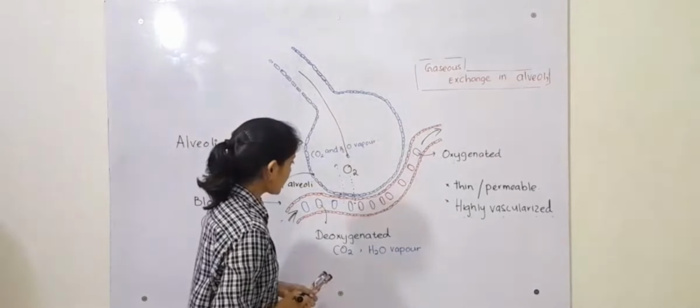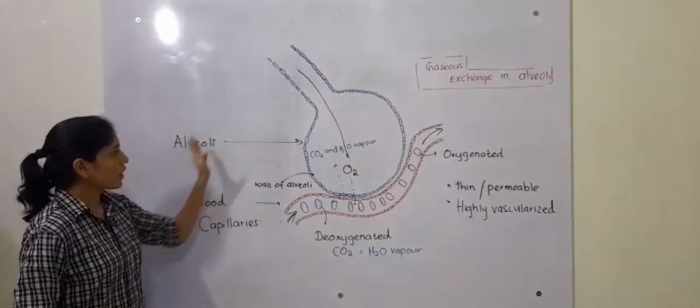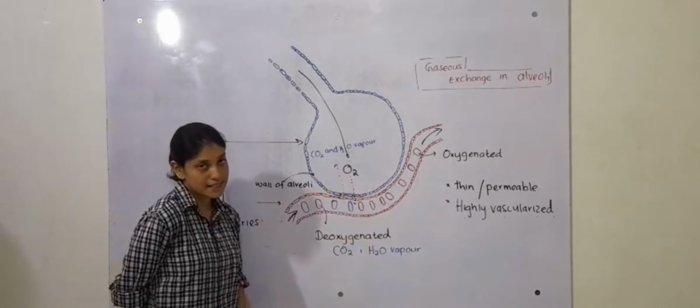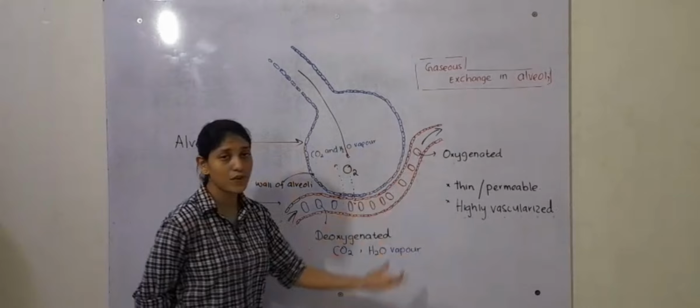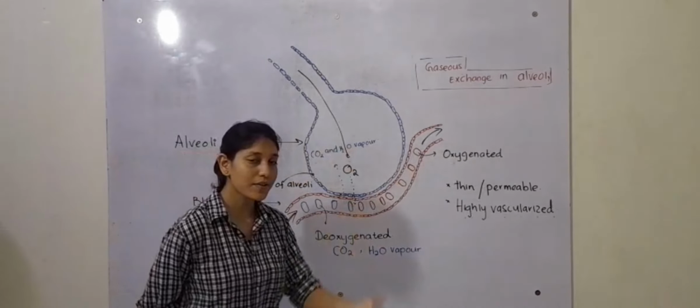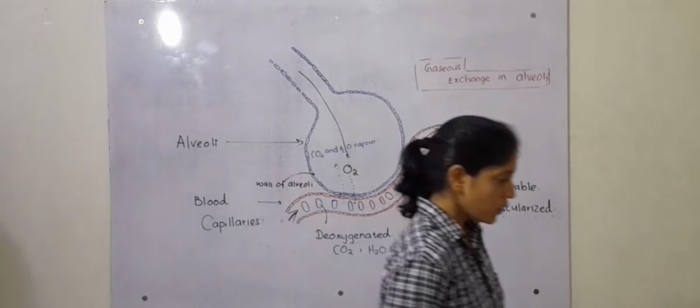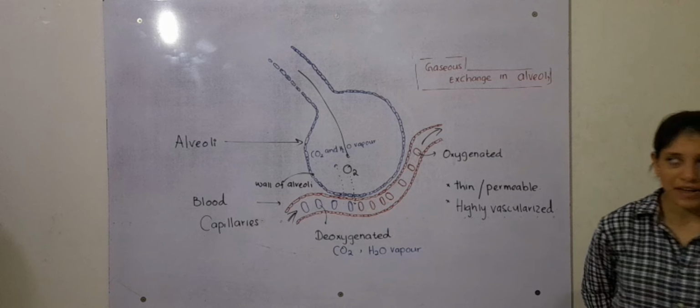And then, people, what are the other adaptations of the alveoli for efficient gas exchange? There is a large number of alveoli, people. Small, tiny, large number of alveoli to increase the surface area. In your book they have given thin, moist, large number of blood capillaries and large number of alveolar sacs.